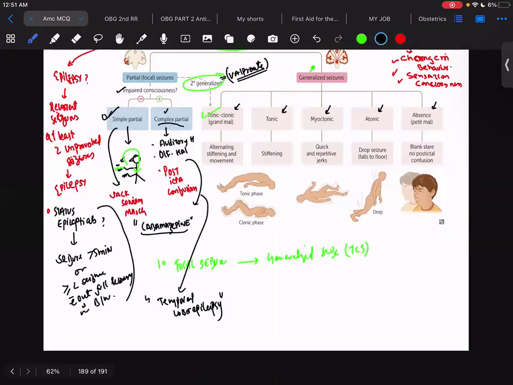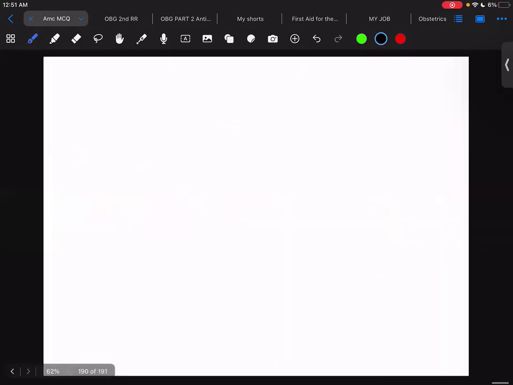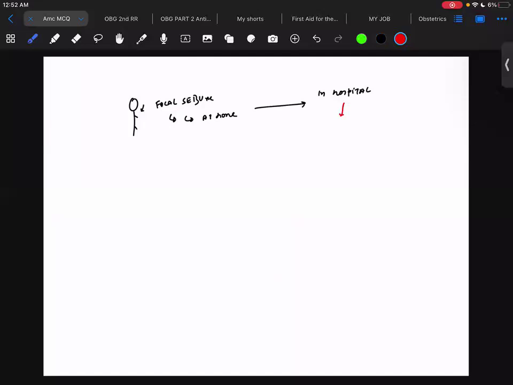Let me give an example over here. For example, there is a patient, and he is having focal seizures at home, and by the time he came to you in the hospital, this has been converted into generalized seizure.